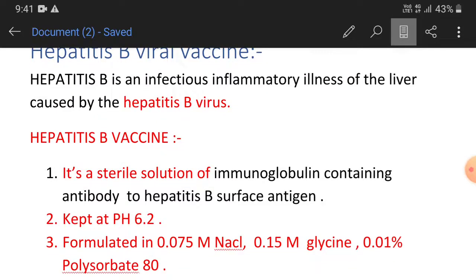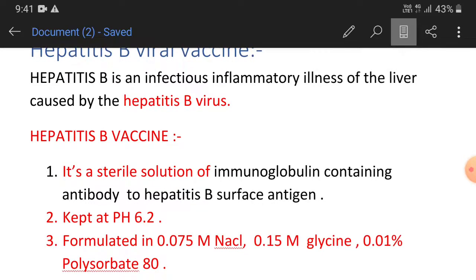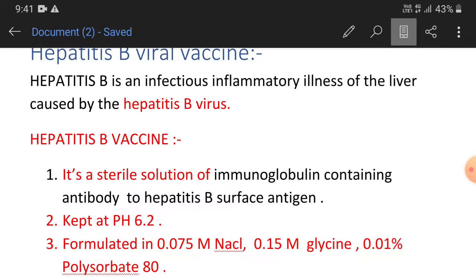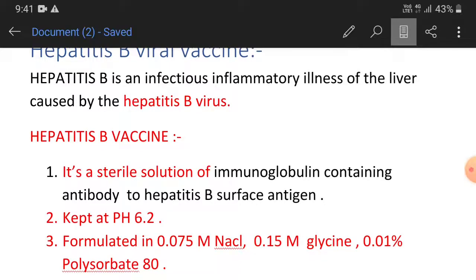So it becomes necessary to prevent it because it causes various kinds of problems, for example jaundice, and it also causes hepatomegaly. Our liver cells are known as hepatocytes.